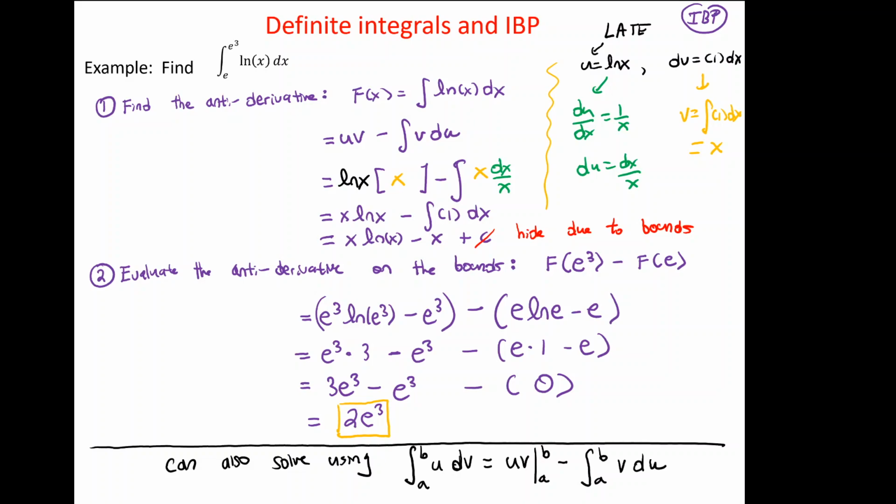So what's happening here is we're taking the integration by parts formula, the integral of u dv is equal to uv minus the integral of v du, and we're just evaluating each piece on the bounds from a to b. So if you're used to solving definite integrals all in one line, not in two steps, then you can use this formula. You're used to seeing this notation with a and the b. It'll work out to give you the same answer.